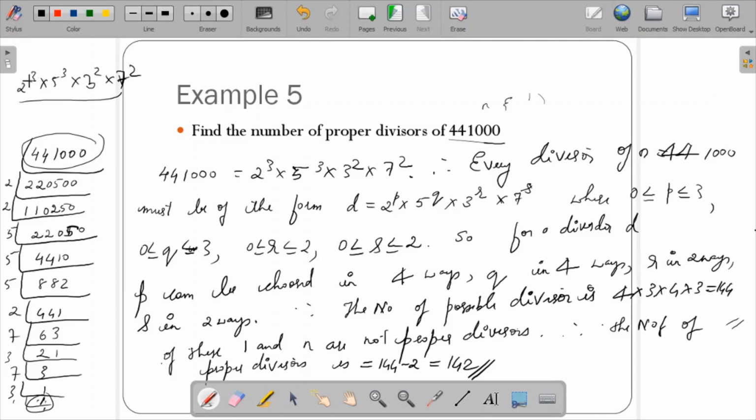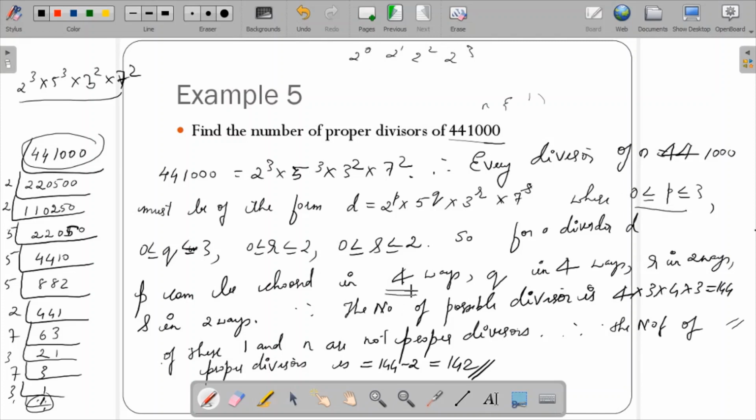That means there are possibly 2 to the power 0, which is 1, either 2 to the power 0, 2 to the power 1, 2 to the power 2, or 2 to the power 3. So p can range from 0 to 3, that is 0, 1, 2, 3, so total possible ways 4.